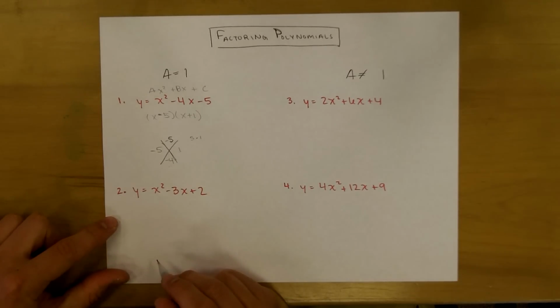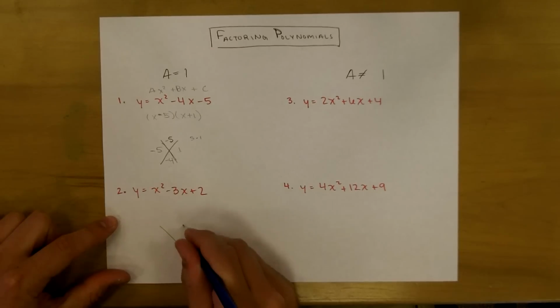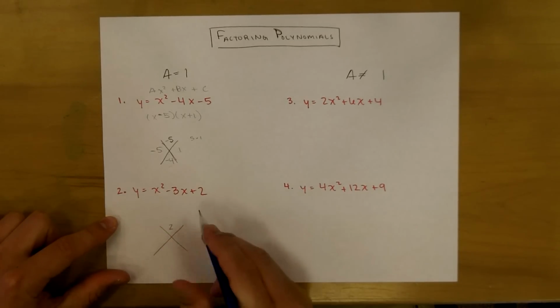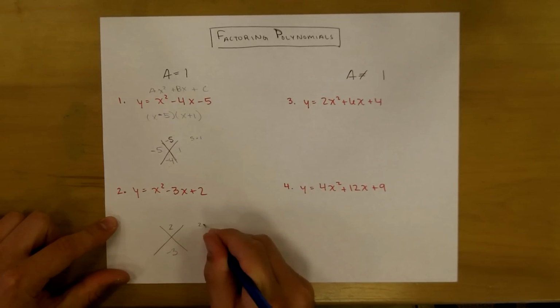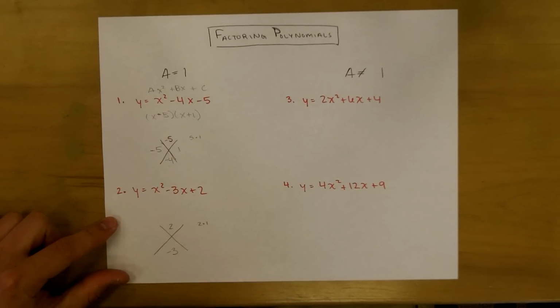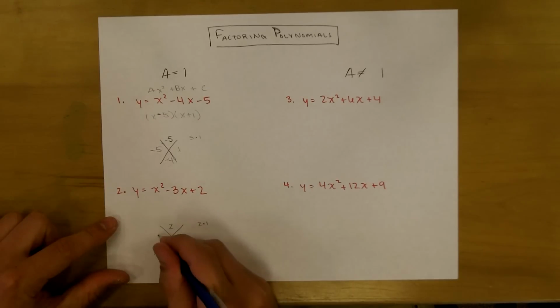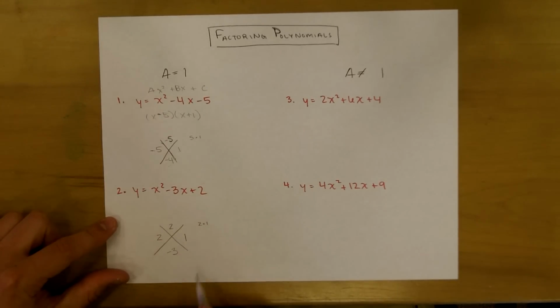x squared minus 3x plus 2. So we make our diamond, put the c value on top, put the b value on bottom. The factors of the top of the diamond are 2 and 1, so 2 and 1. They multiply to 2. How are they going to add to negative 3?